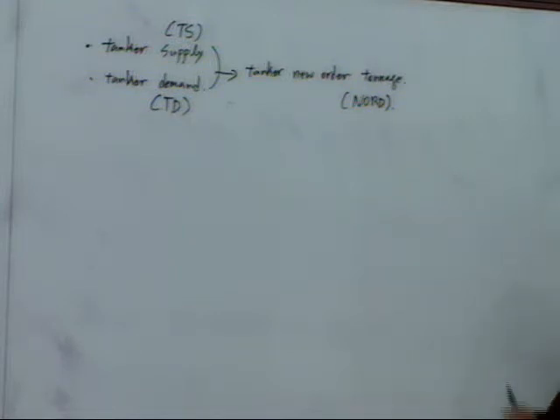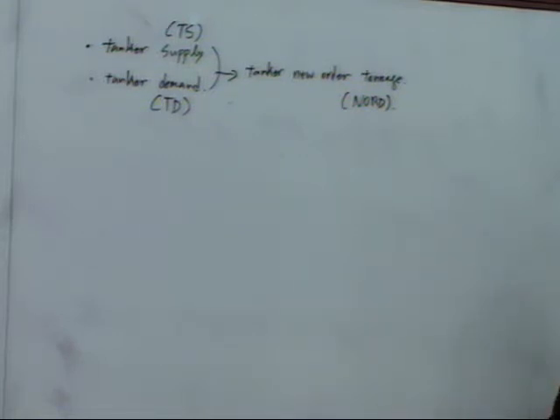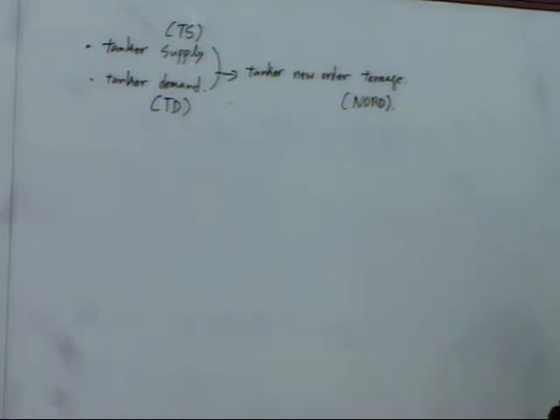You know, if the supply is high and demand is low, then we can say that the new order tonnage will be very low. This kind of rule or knowledge is very fuzzy. So we decided to model this system as a fuzzy system.